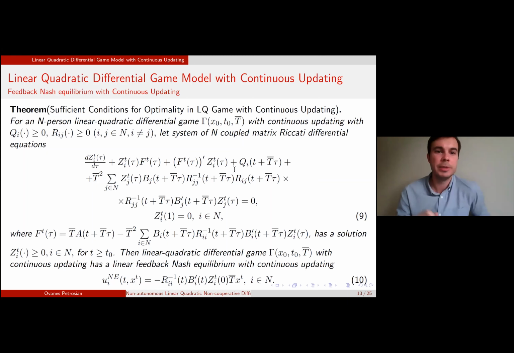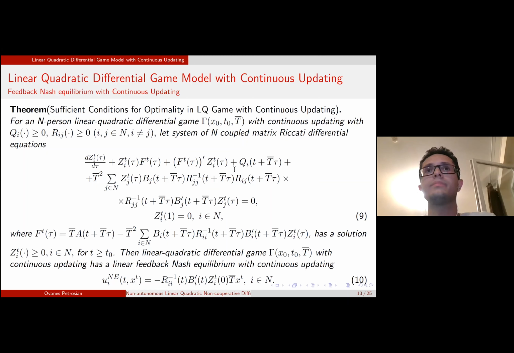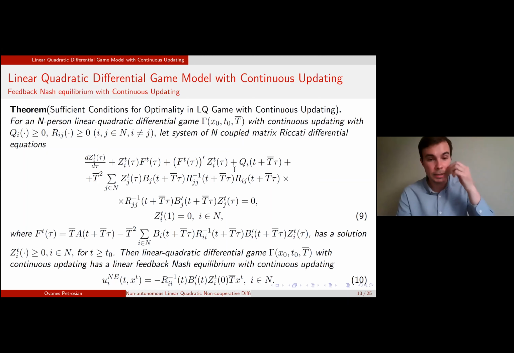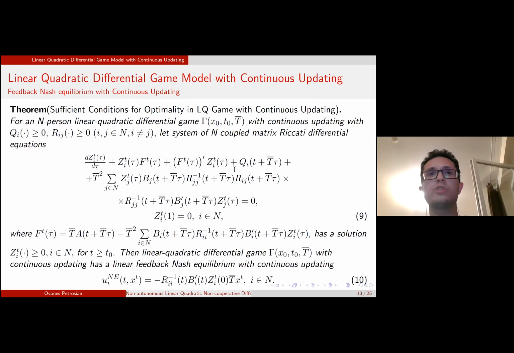Okay, Ovanes, may I ask one? Yes. Just regarding expression 10. So you have a finite horizon game, right? No, actually, I do not specify the horizon.